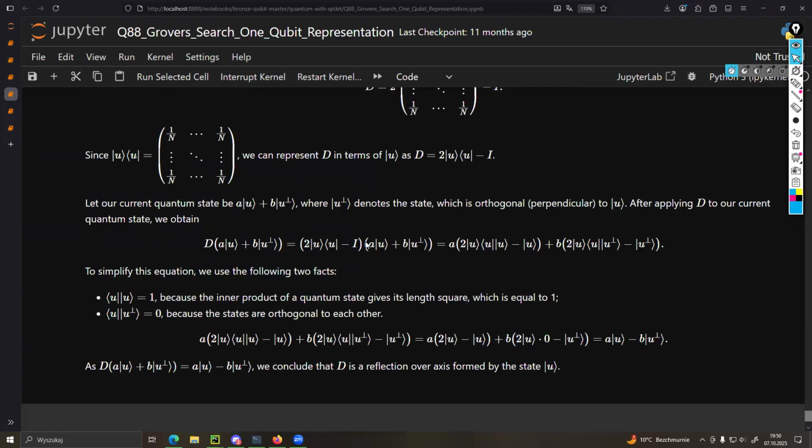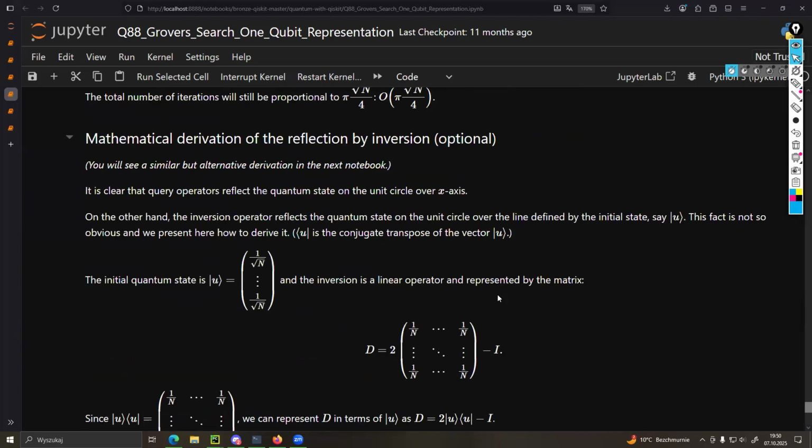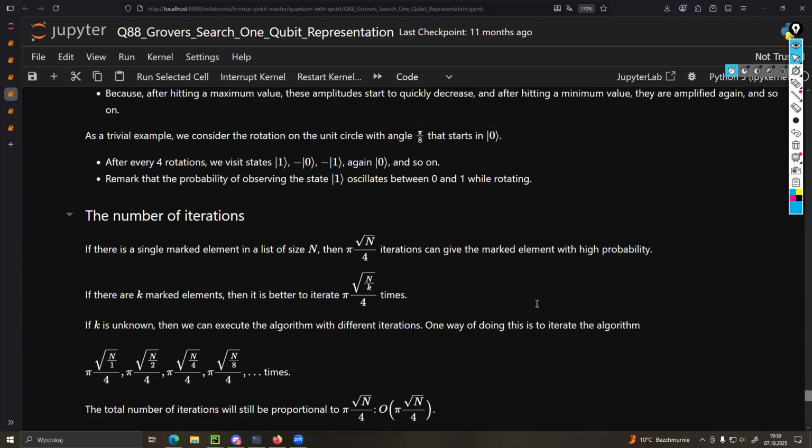And the I, of course, is the identity matrix. And A and B are our respective probabilities of having certain states, where A would be, let's say, marked elements, and B would be the amplitudes.